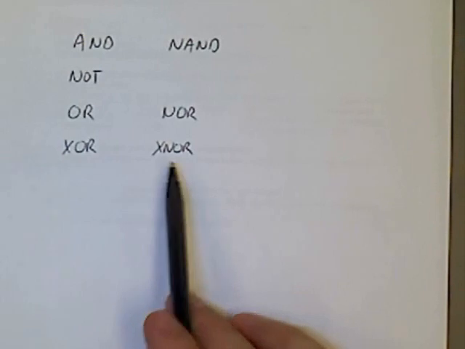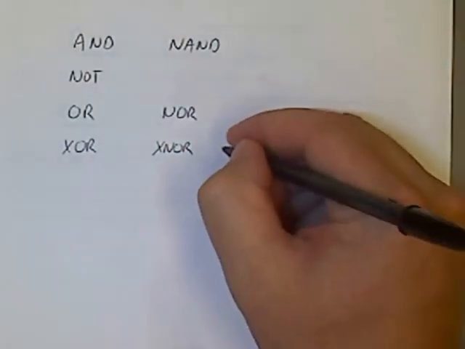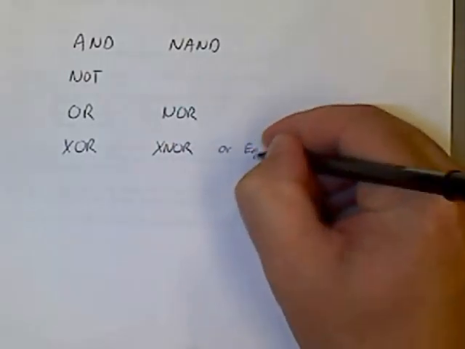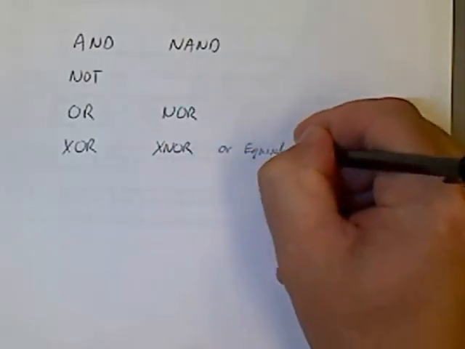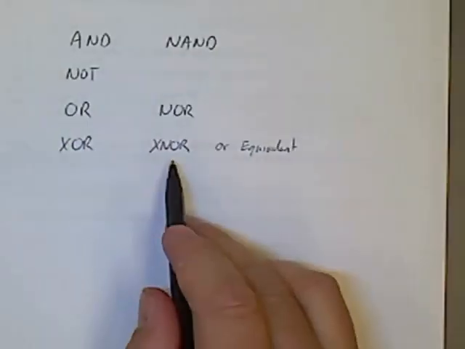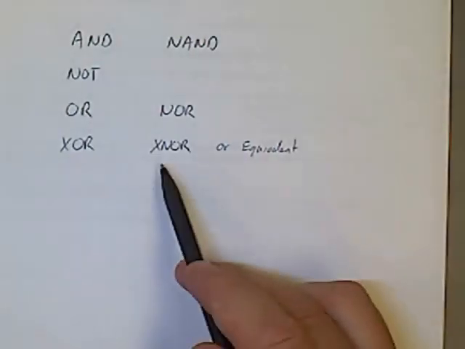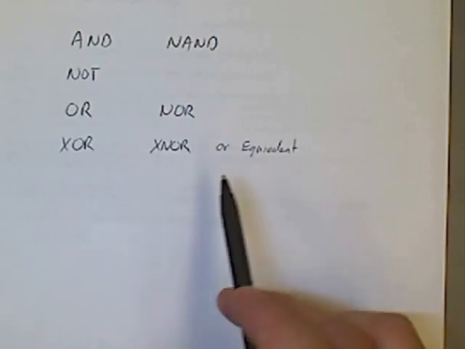The XNOR, sometimes called equivalent, is the inverted XOR. So if the inputs are different, the output is low, or the output is high when the inputs are the same. So if A and B are the same, or equivalent, then the output is high.